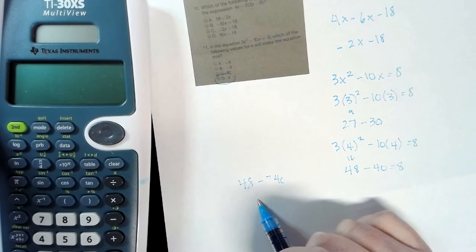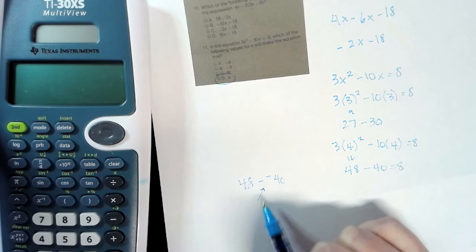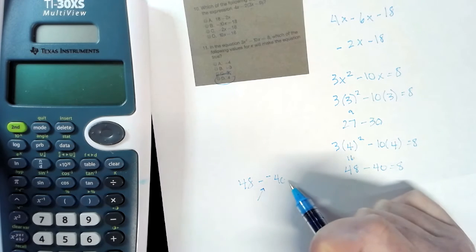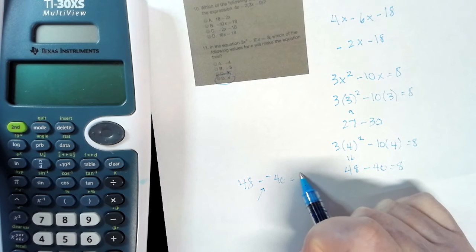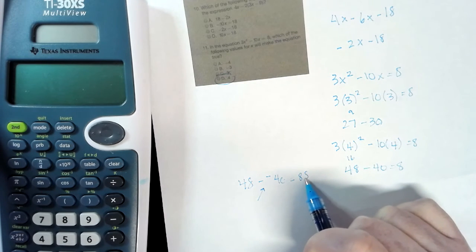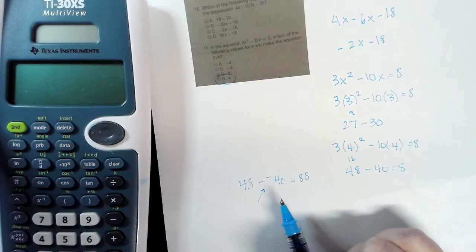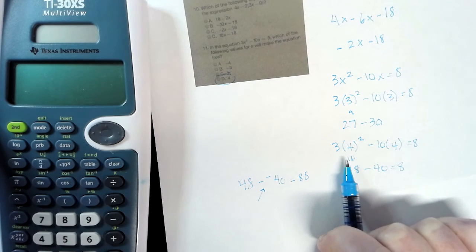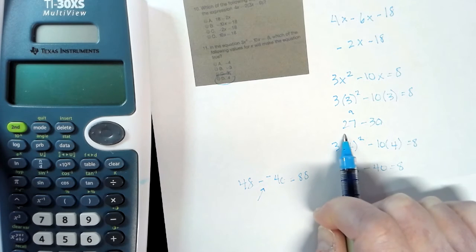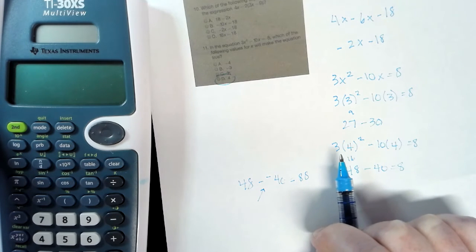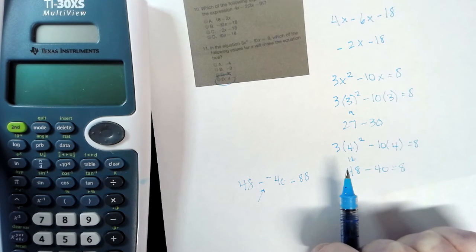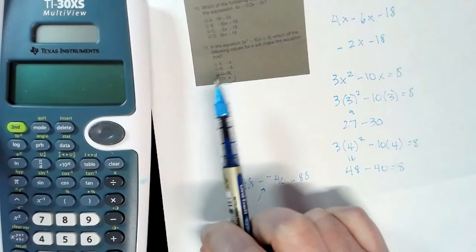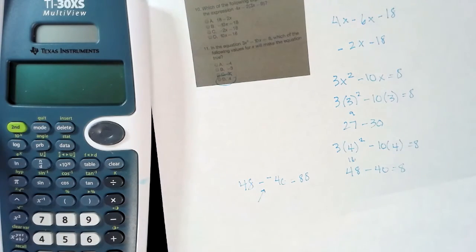And remember, when we have double negatives, it's the same as a positive. This would equal 88. That's not going to work. And the same with the -3. -3 is just not going to work. It's still going to start with the 27. But then when you get to the 10 times -3, you're going to have -30. Not going to work. So it is D.